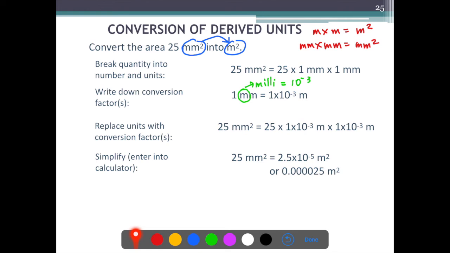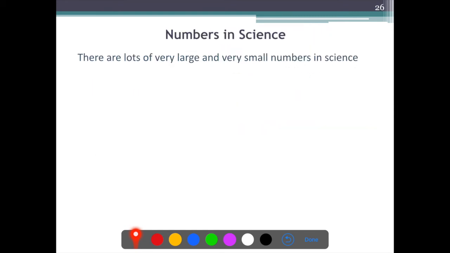Okay, so 2.5 times 10 to the negative 5 can also be written as 0.000025. It's quite a small number with a lot of zeros. In fact, in science, there are lots of very large and very small numbers that you will encounter.